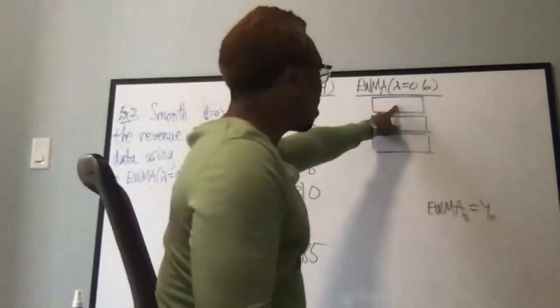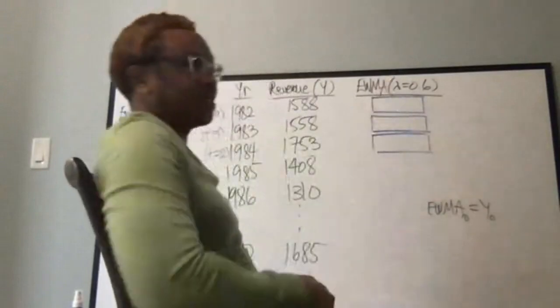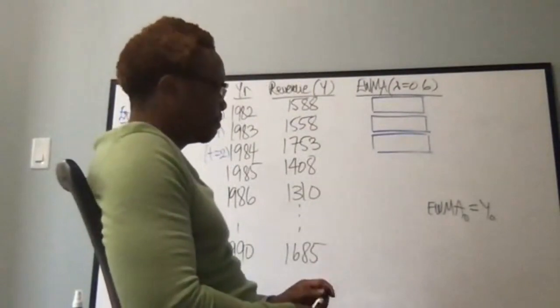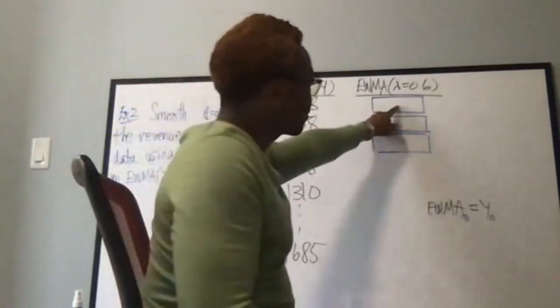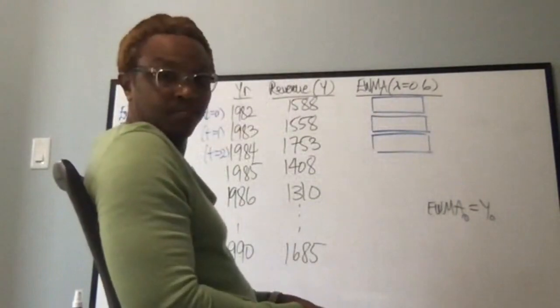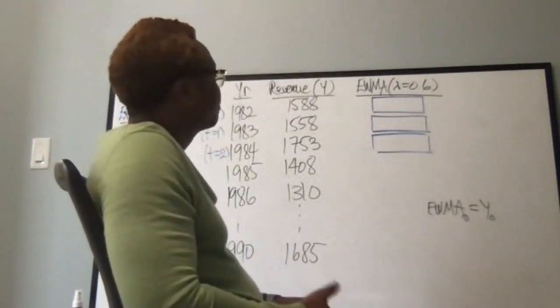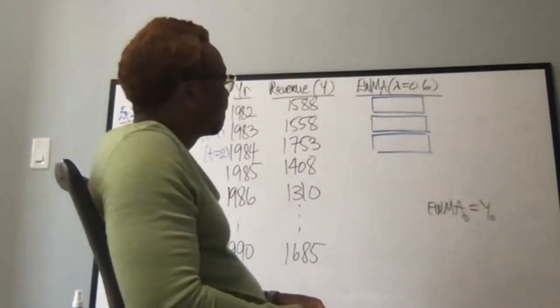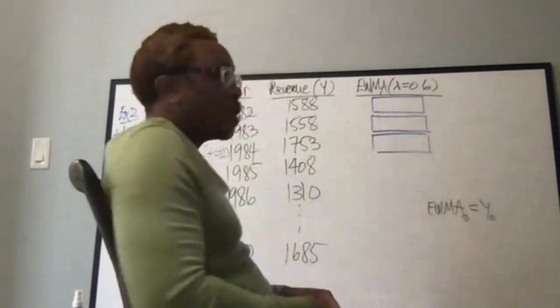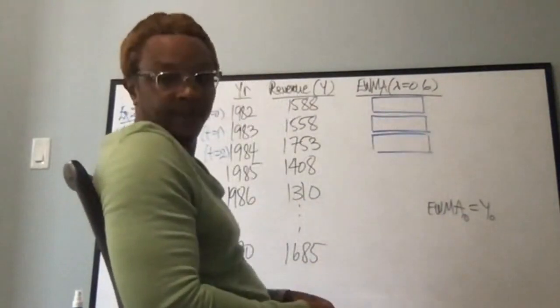This answer will always equal to what? In this case, look carefully. This answer here has to be equal to what in this case? EWMA when time equals 0 equals what when time equals 0?